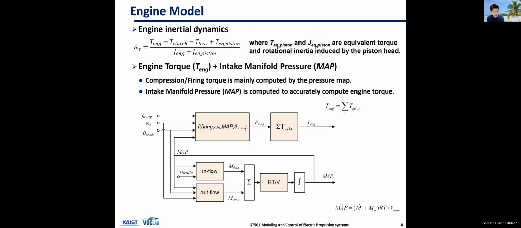So it's a function of these 4 variables, and the inputs are firing command, engine speed, crank angle, and then manifold pressure. Okay. Engine speed, crank angle, and manifold pressure are computed values from the model. And manifold pressure is this intake manifold pressure.